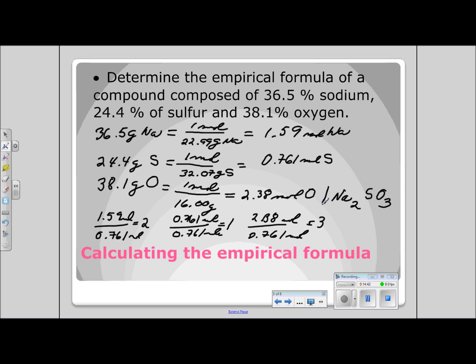This would be my final answer: Na2SO3, sodium sulfite. This would be the empirical formula. And notice this is an ionic compound, therefore this is going to be the formula of choice. Okay. Review what you have learned, and when you feel ready, go on to part 2 to learn about molecular formulas.